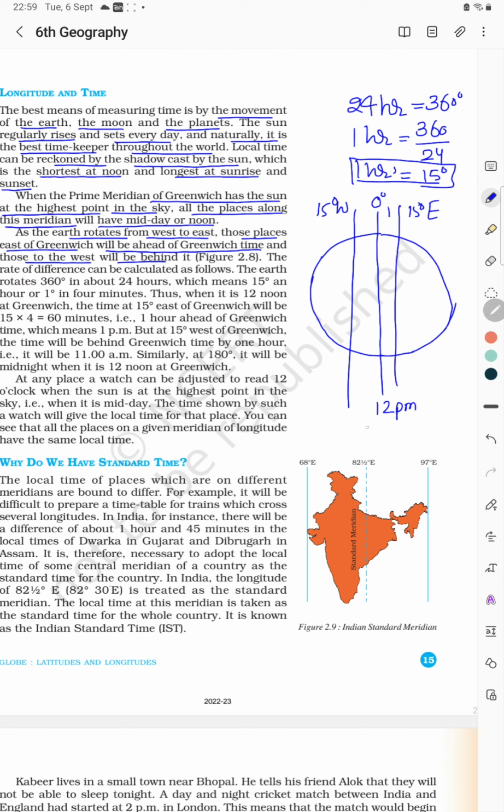As Earth moves from west to east, when it is 12 p.m. at noon, time on the 15 degree east longitude will be 12 p.m. plus 1, that is 1 p.m. At the same time, time on the 15 degree west will be 11 a.m.